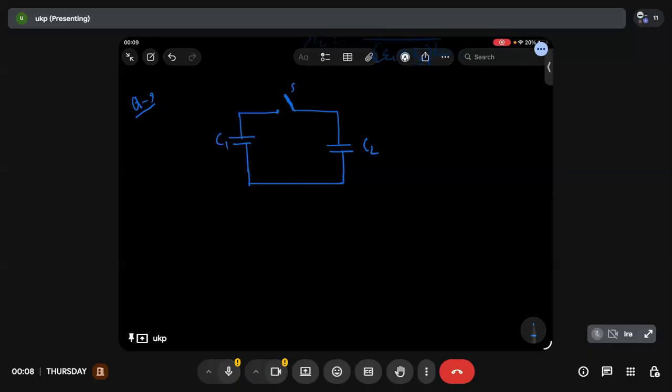The question says a capacitor C1 equal to 6 microfarad is charged to potential difference V0 equal to 5 volt using a 5 volt battery. Makes sense? No big deal. After that it says the battery is removed.